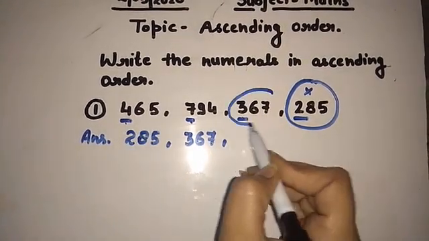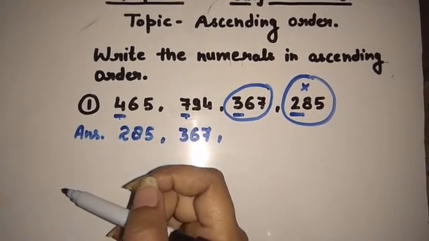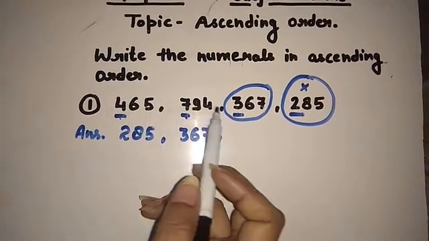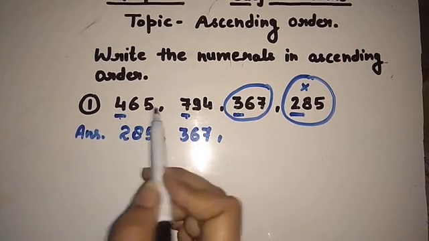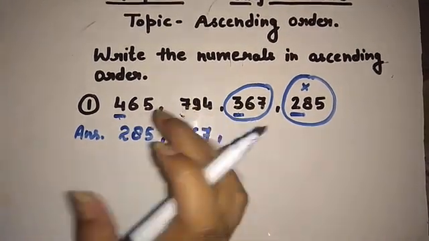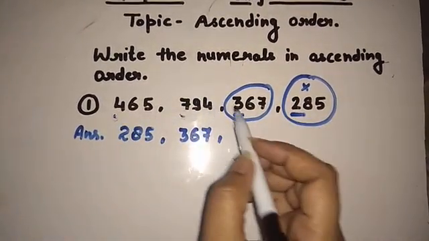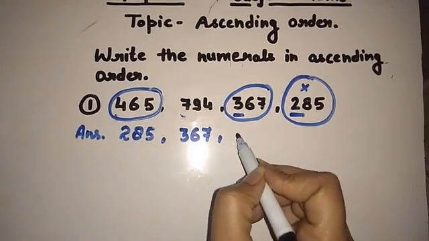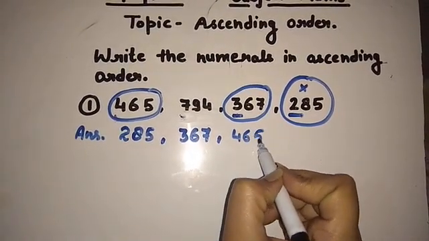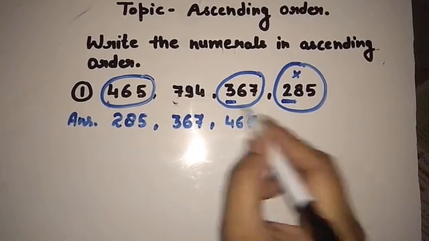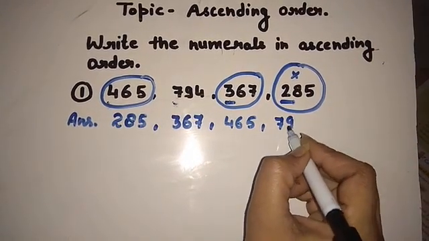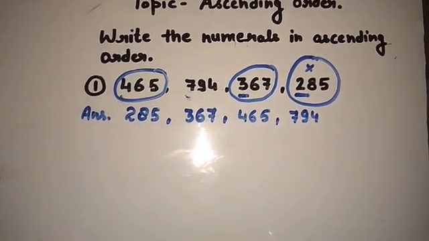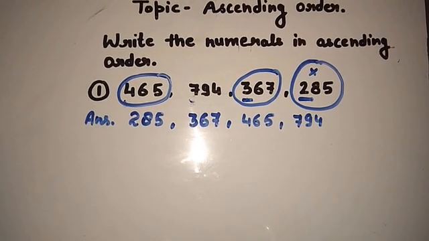Now when we compare both numbers, 465 is smaller than 794. And the greatest is 794. In this way you will write numbers in ascending order. Now come to the next question.